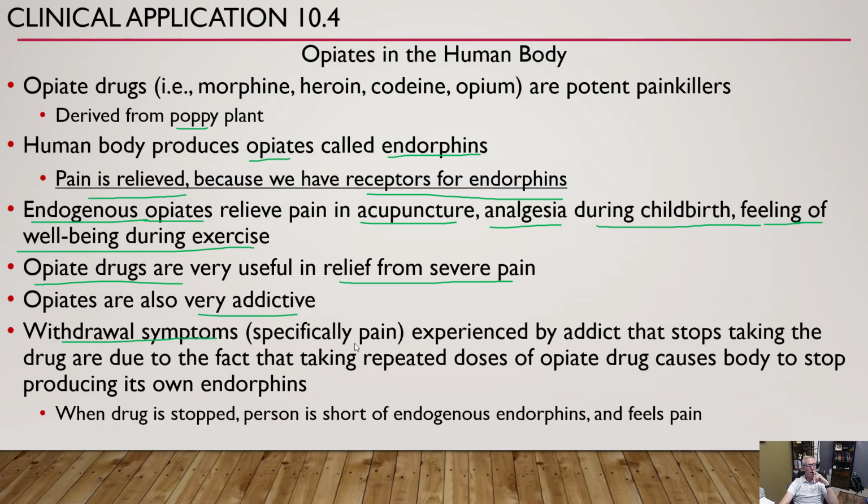Withdrawal symptoms: after someone who is addicted stops taking the drug, that person is now short of their own endogenous endorphins, and they can feel what's called hyperalgesia, a heightened perception of pain because they don't have that natural endorphin release.